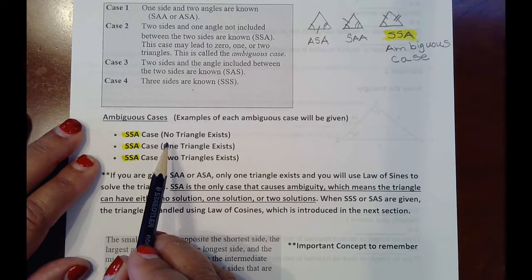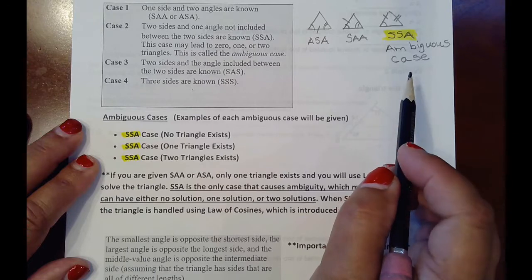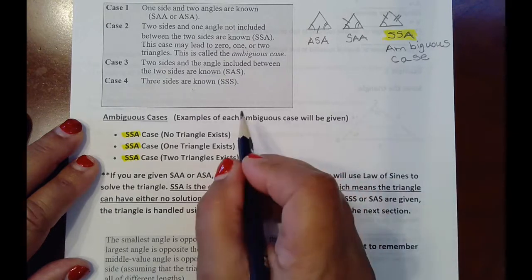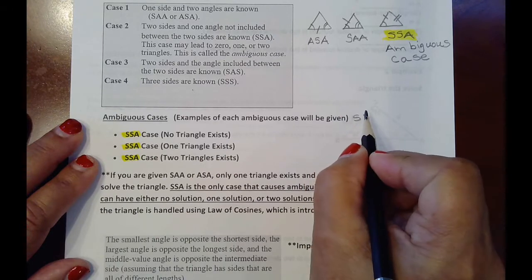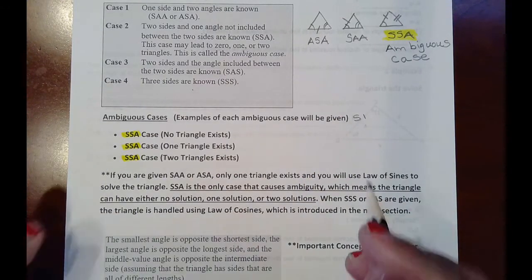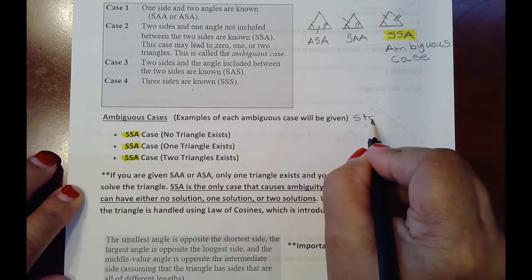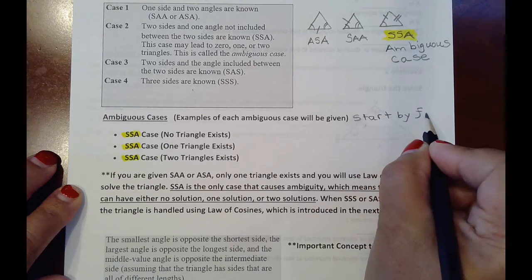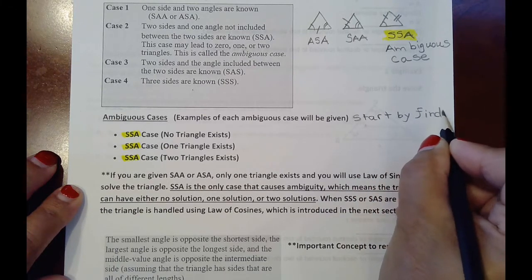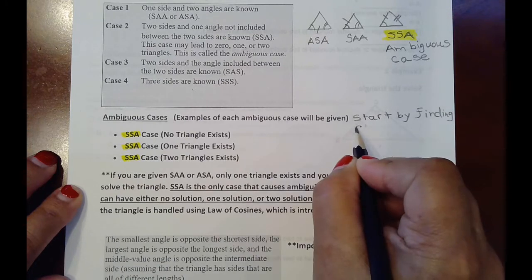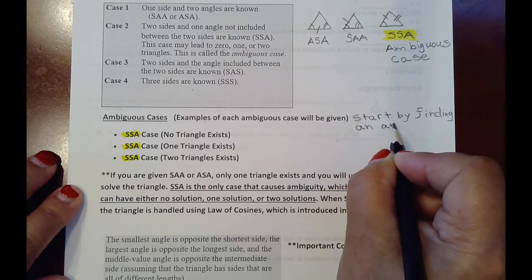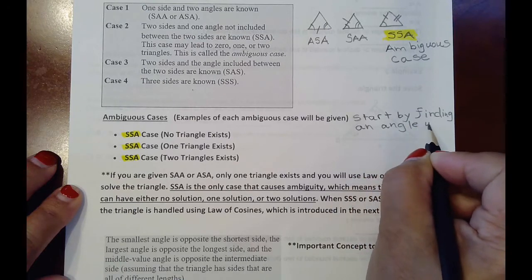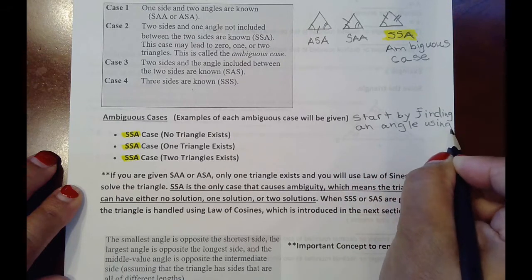And right away when you go to find the first angle, because it's the first thing you're going to find in this ambiguous case, you will start off by finding an angle using law of sines.